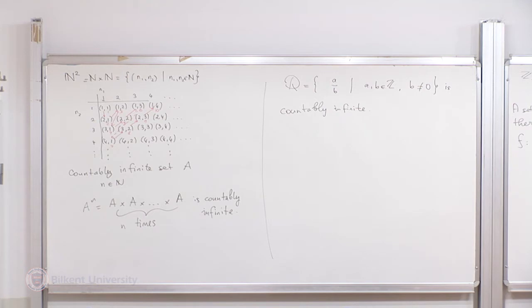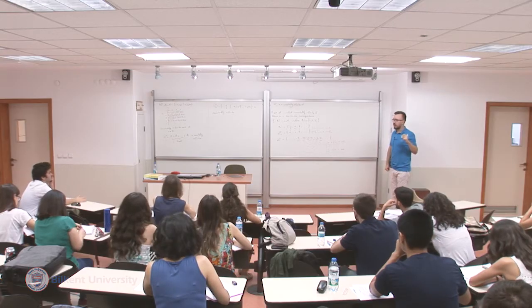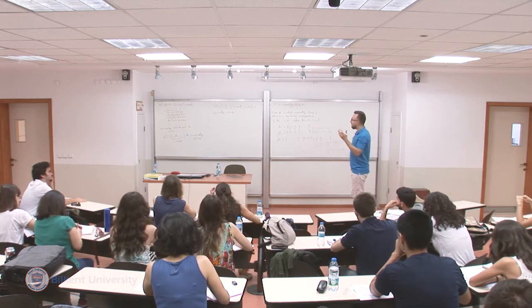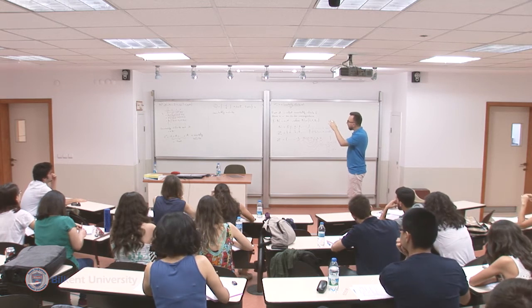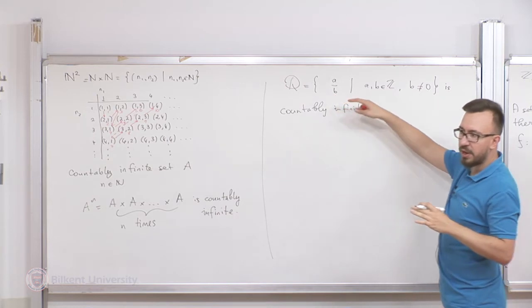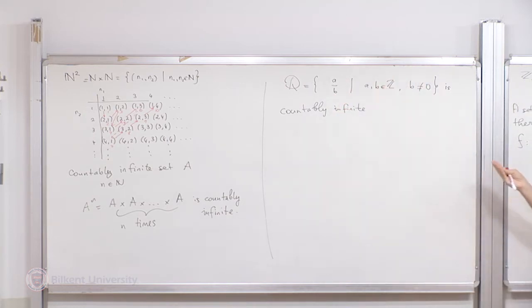Okay. Anybody sees why? So it is just like Z cross Z, right? You can, but you need to skip some elements because you don't want b to be 0. But you can see Q as a subset of Z squared.